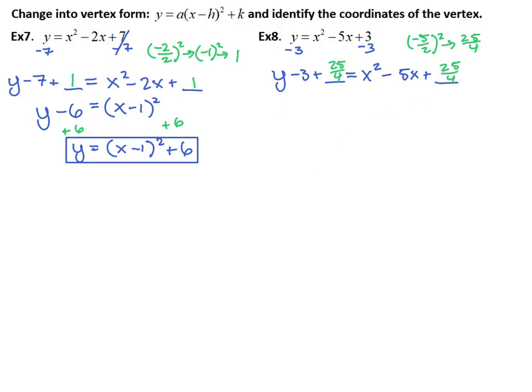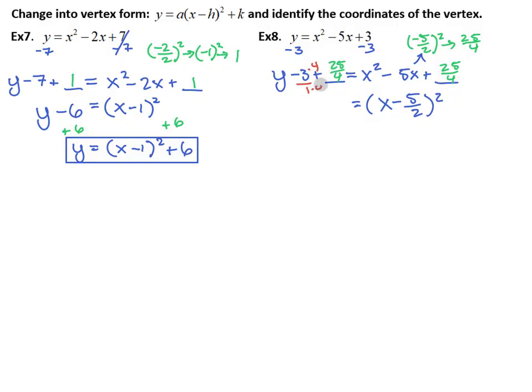Okay, now on the right-hand side, we already know what the perfect square is going to be. We're going to use our hack. Half of b before we squared it. So minus 5 halves. That's what our perfect square is going to look like. On this side, we need to find a common denominator to combine our negative 3 and 25 fourths.